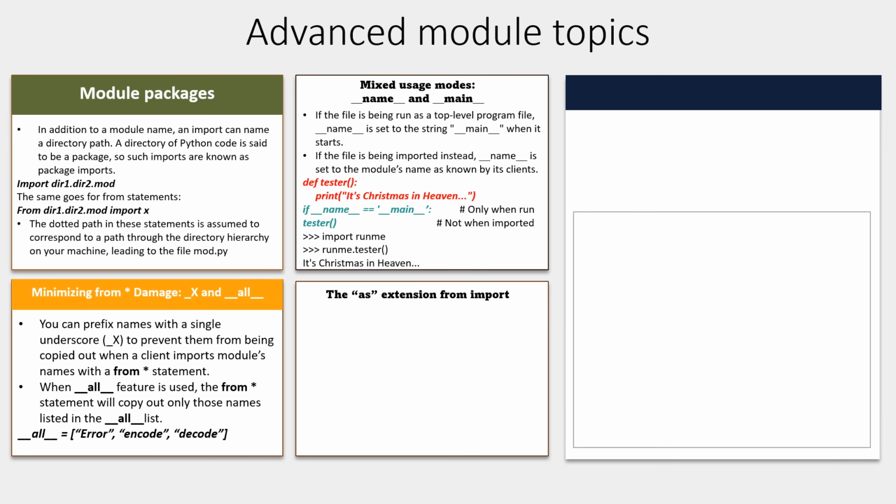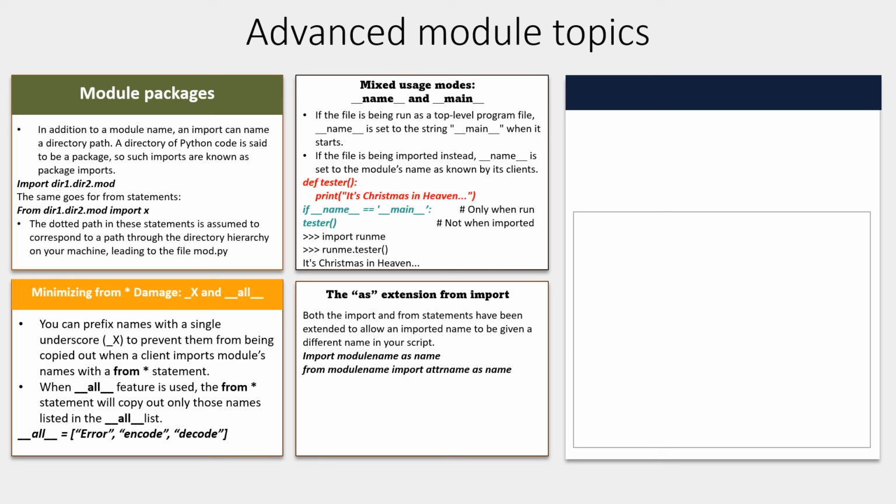And next we will move on to the as extension for import. So both the import and from statements have been extended to allow an imported name to be given a different name in your script. So after such an import, for example import module name as a name, and from module name import attribute name as a name, basically behind the scenes there will be the same type of coding happening.